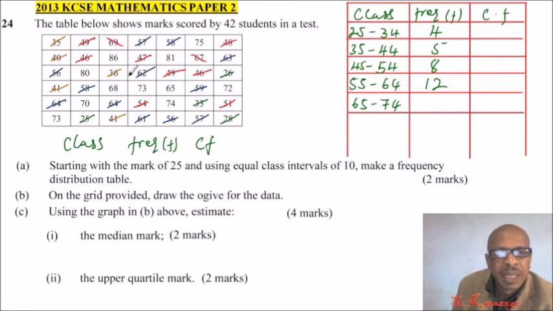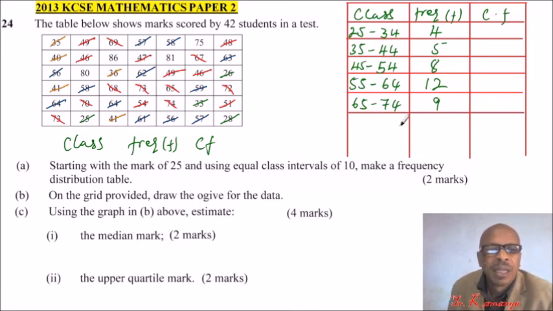Another one, 3. Another one, 4. Another one, 5, 6. We have 7. We have 8. We have 9. So we come and put here 9.